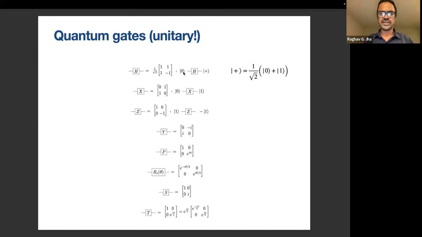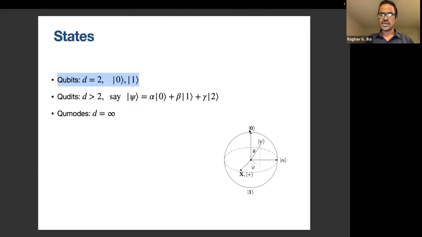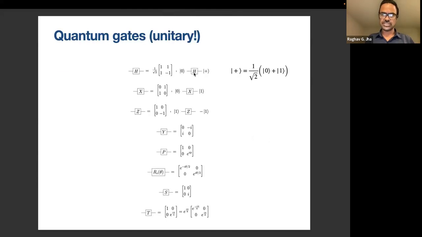Say, for example, if I take a 0, which is shown here, and then I pass it through a gate called H, which is known as the Hadamard gate, it gives me a state which is plus, and plus is defined like this: 1 over root 2 times 0 plus 1. So it's a uniform superposition state. If I pass a 0 state through the Hadamard gate, it creates a uniform superposition.